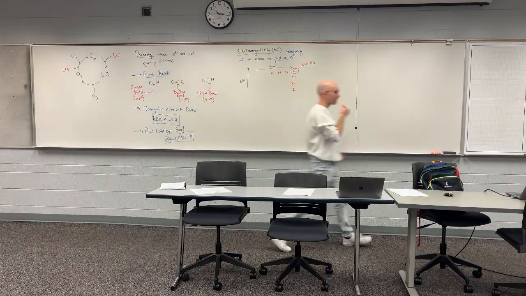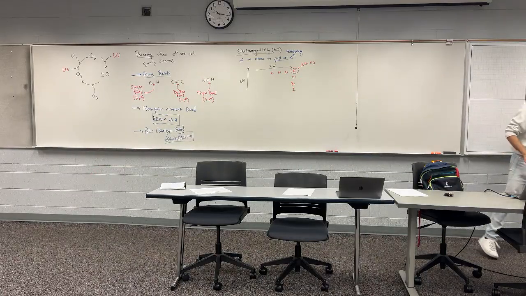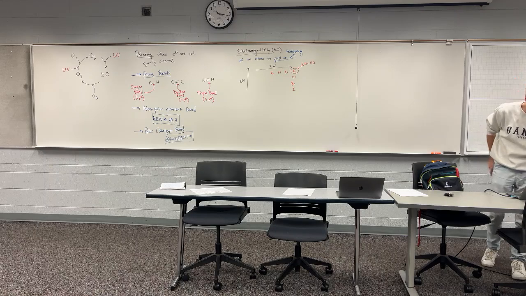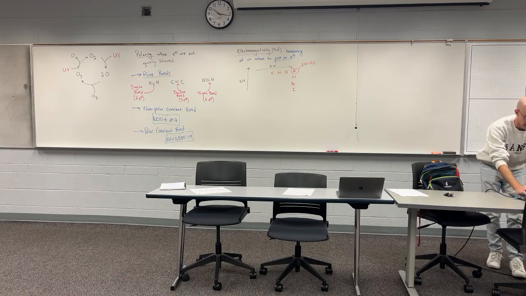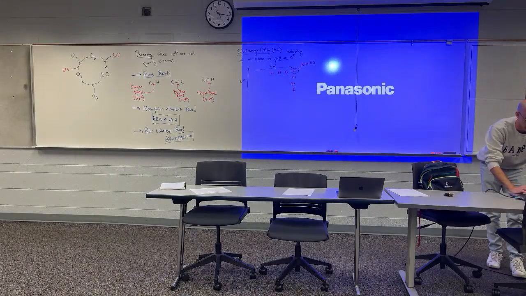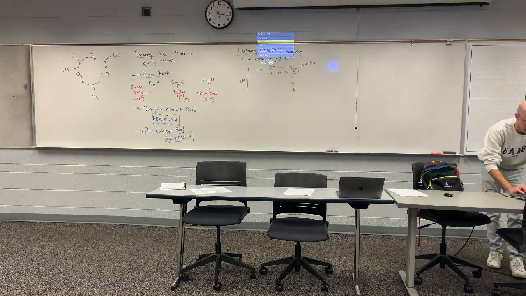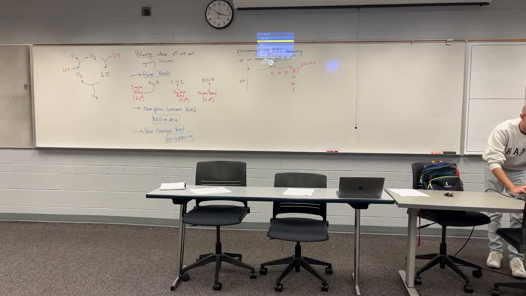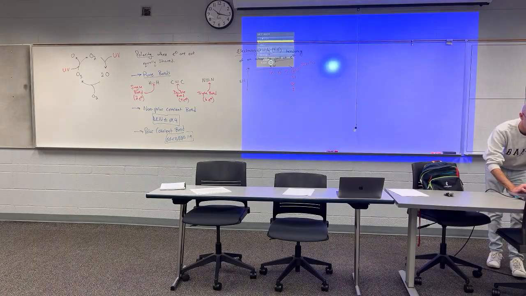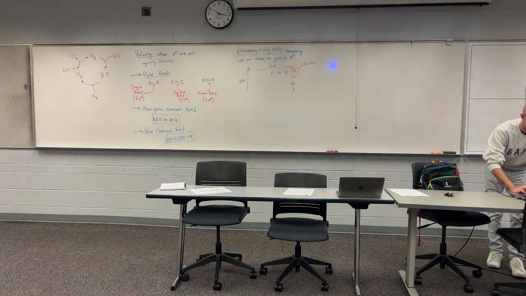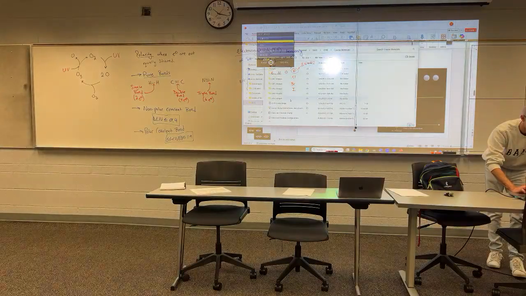All right, now for the rest of this polarity in bonds assignment, you're going to need to have electronegativity values in front of you. So I'm going to pull those up. You can also pull them up on your own. I don't know that this image on the screen will be the biggest.